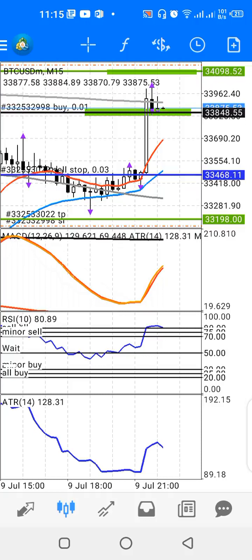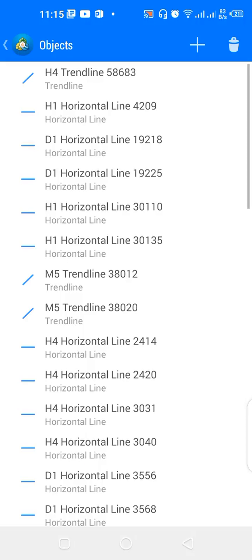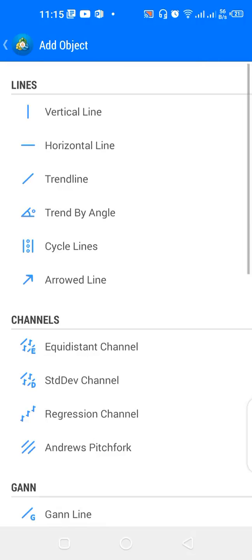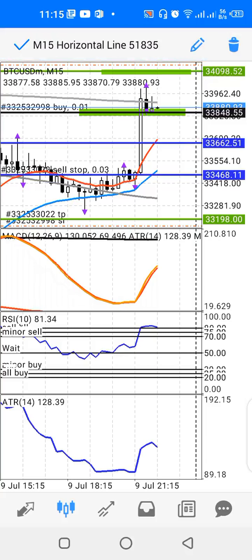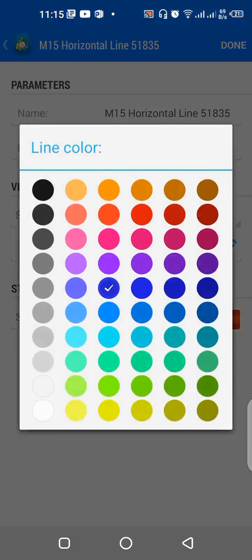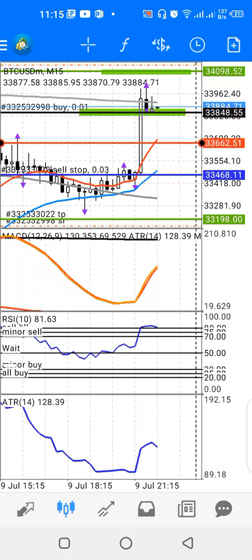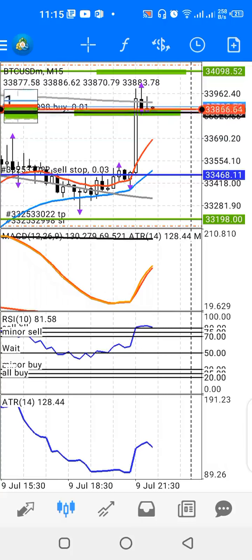What about stop loss? Stop loss will be 40 points beyond each trade's take profit. For the stop loss of your first trade, which is your buy trade, let's change the color to red. I'm highlighting the first trade here, so the stop loss will be 40 points below the take profit of your edge trade.